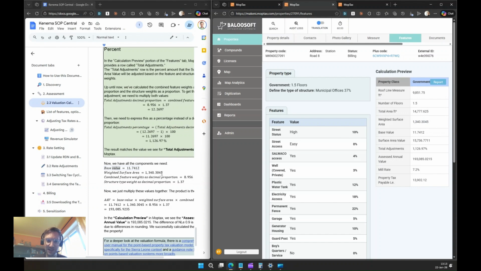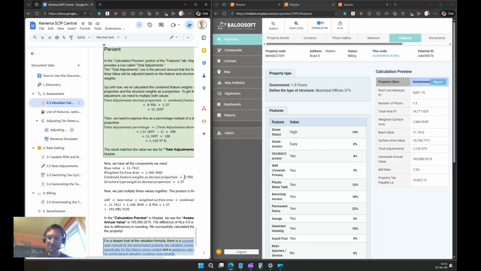For our equation, we had to convert those to decimal proportions. So we had the decimal proportion of the weights from the features and the decimal proportion of the weights from the structure type. And we multiply those both together, and we get the total adjustment.